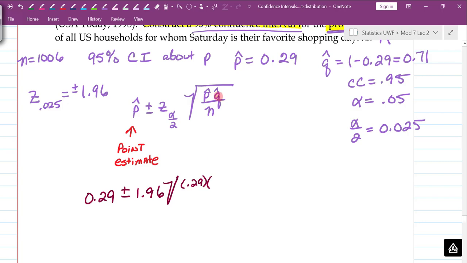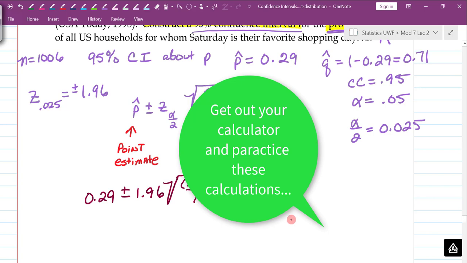Q hat is 0.71. Divided by N. N is 1006. And we're going to get our lower bound first, and then we'll get our upper bound. So let's grab a calculator and put this in.